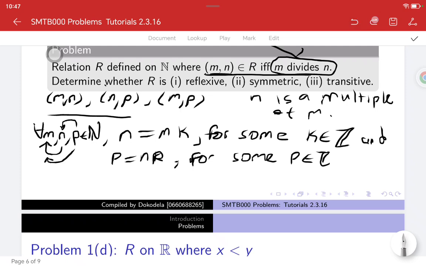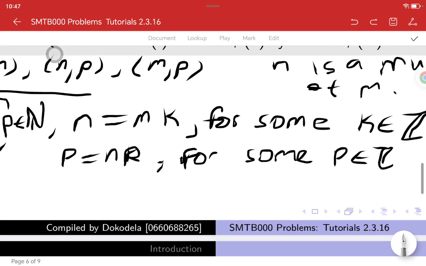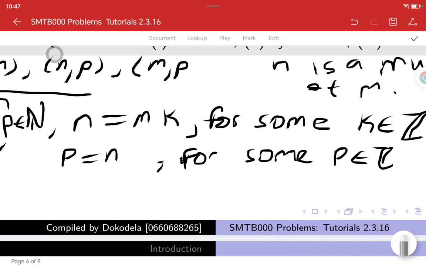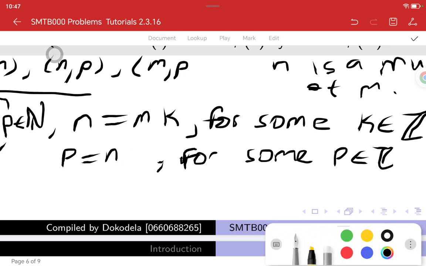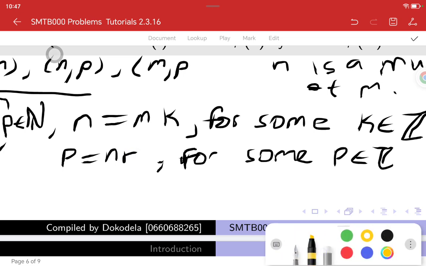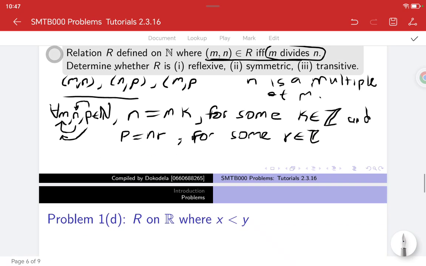I already have p here. Another thing which I can say, I can't choose p since I've already chosen p. Let me choose another. I can choose r, right? Because we don't have r. I can't choose this as an element and also as an integer. So now we have chosen that m divides n, and also n divides p.